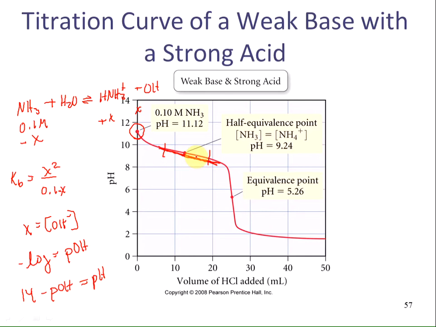So remember, at the half equivalence point, the pOH will equal the pKb. And this area in between here, this plus or minus 1 unit of the pKb, is the effective buffer region. And in the buffer region, we can use the Henderson-Hasselbalch equation.